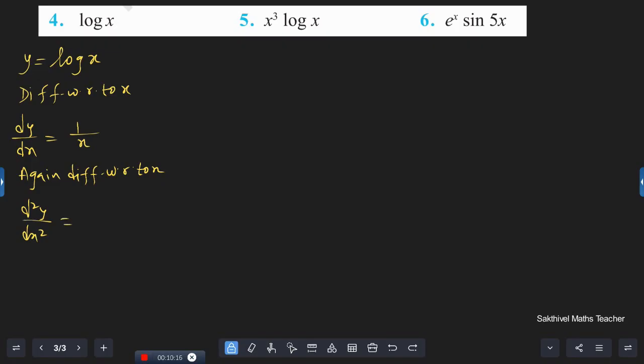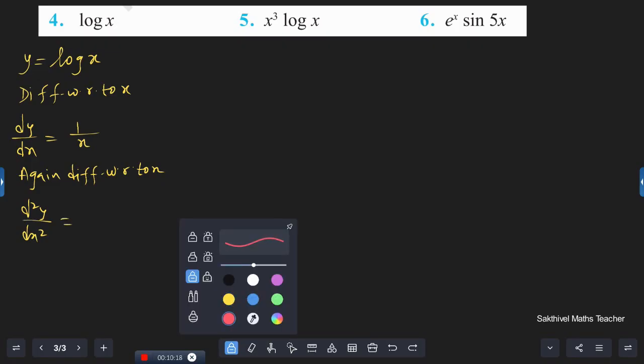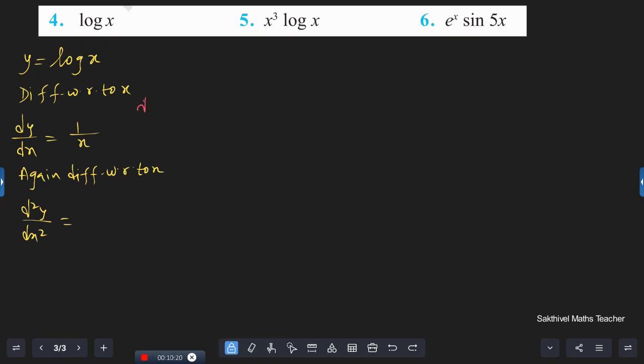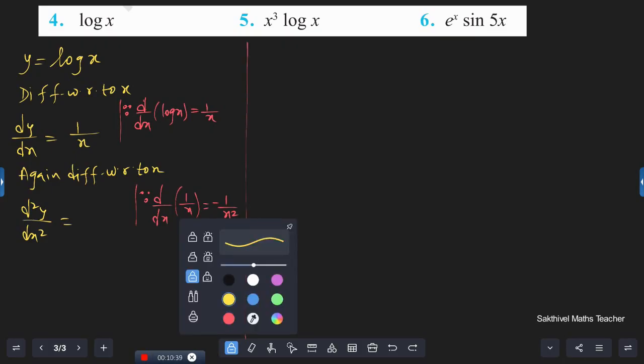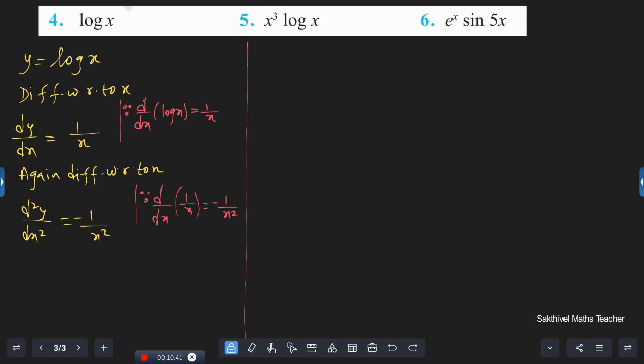For 1 by x, the derivative formula I gave as well. Here I used the derivative of log x formula, which is 1 divided by x. And for this also I gave the derivative of 1 by x formula in the beginning: minus 1 divided by x square. If you know these formulas very well, you can survive very easily. That's it, it's over. We are using two formulas directly.